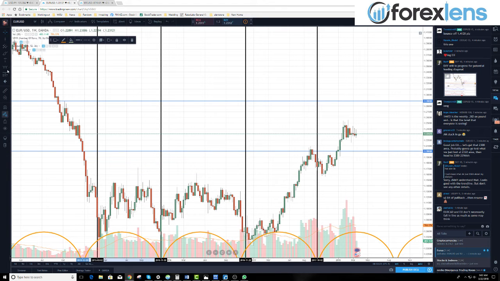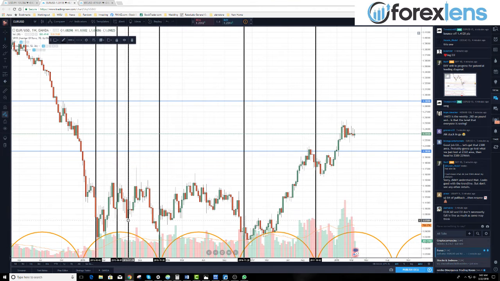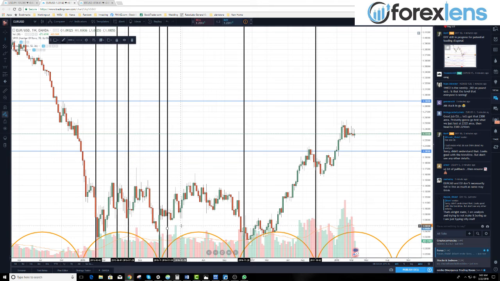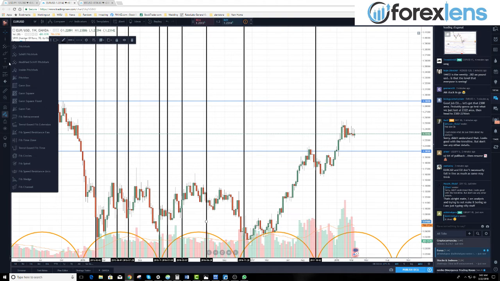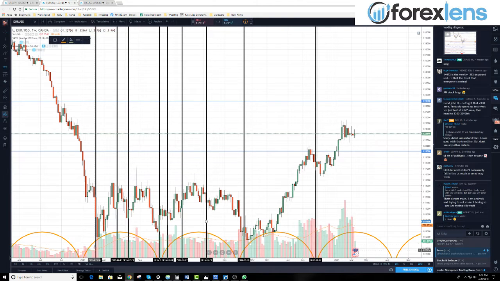Now I'm looking for a weekly. And for the weekly, you can use the same swings that we have already. Kind of try that. And we'll start there.